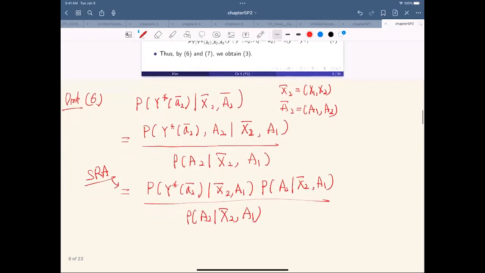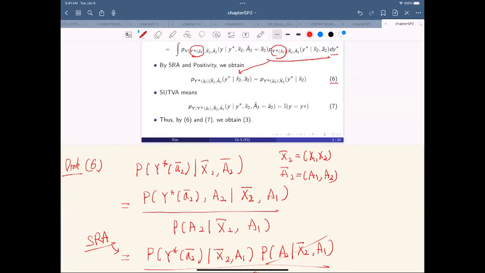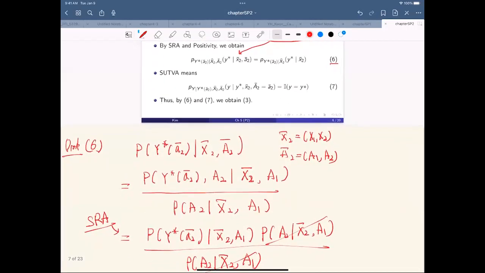And then positivity will take care of the cancellation. Okay. So that basically takes care of and proves equation 6, and then equation 7 is the same story, right?